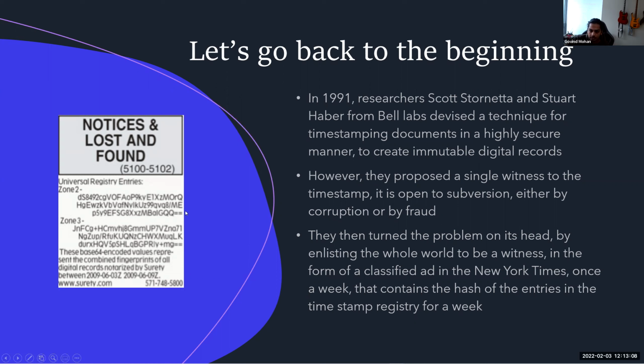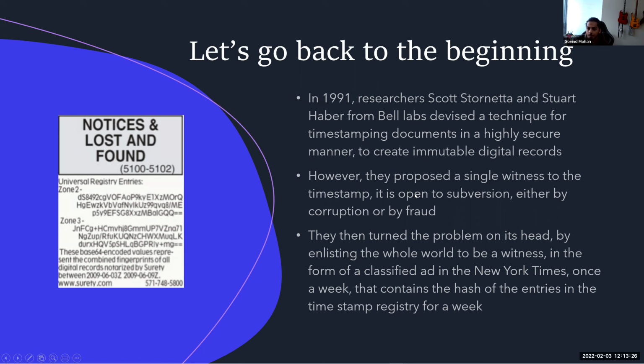It's known as a hash. We'll look at this a little bit later, and they put it in an ad in the New York Times. So that way, it's just going to be there for the world to see, and everyone can see that, okay, this version of the document is the legit one. So you have a decentralized witness.